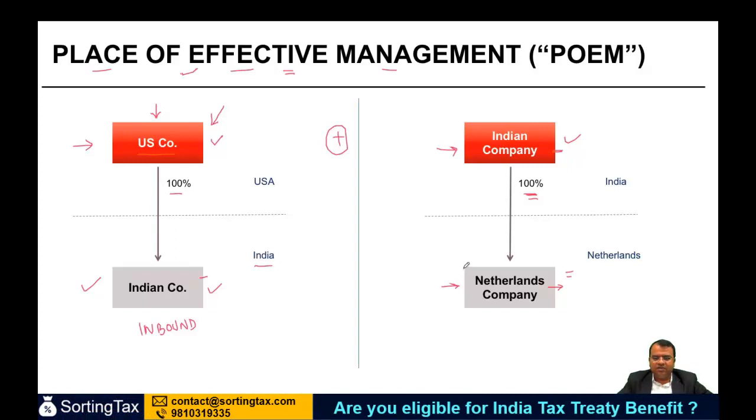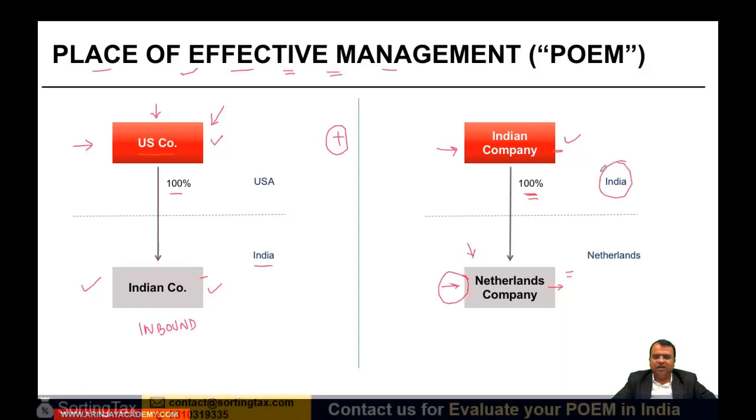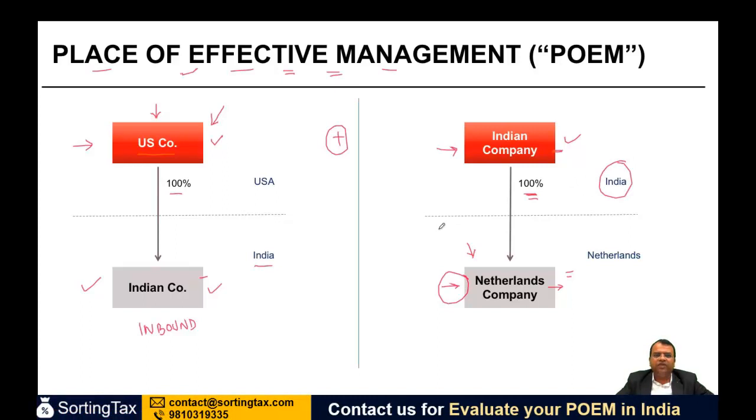The question is, does the Indian company take almost all the decisions of the Netherlands company such that one can say that the effective management of the Netherlands company is in India? If that be the case, then the Netherlands company will become a tax resident of India.